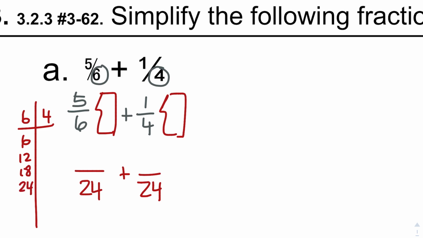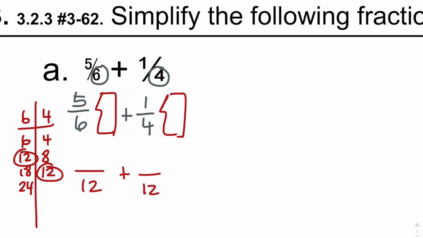And since I already knew that 24 was going to be it, I just needed to find it in 4s. So I'm going to skip count or find the multiples of 4. 4 times 2 is 8. 4 times 3 is 12. Ooh, we could have used 12, not 24. I'm going to go ahead and erase this and then use 12 instead. Okay, since I found something that popped up earlier, then it makes sense for us to just use 12.